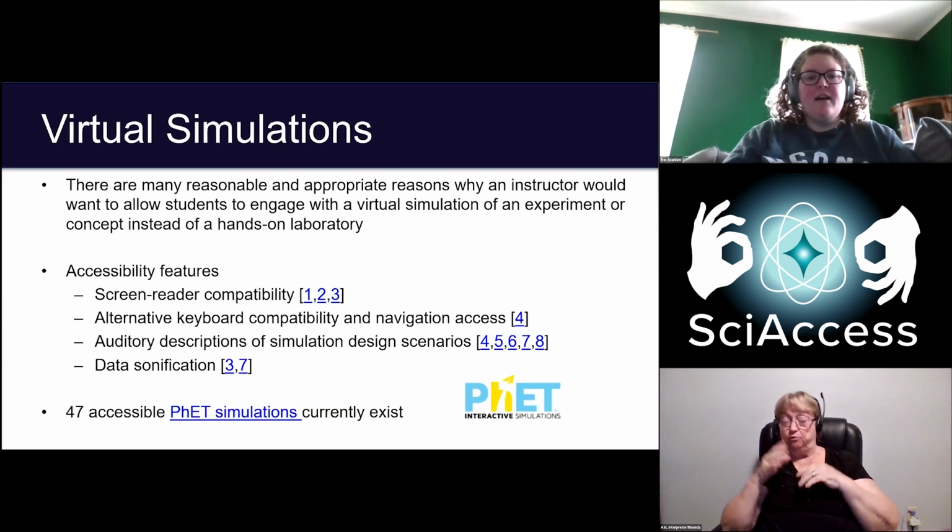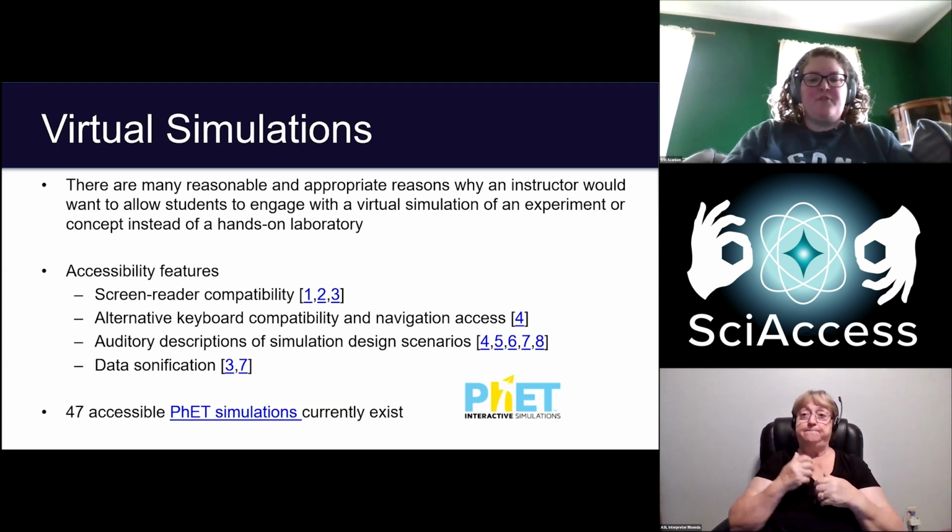I wanted to point out that there are 47 accessible PhET, which is physics education technology, simulations that currently exist. And I've included a link to them on the slides if you're interested in checking those out.